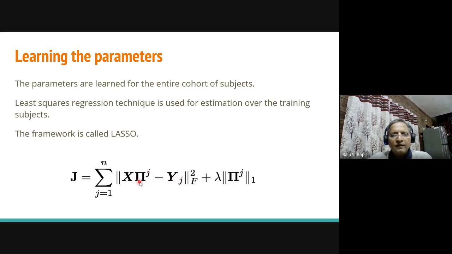The squared difference is minimized over the training set, where j indexes the subjects available to learn this model. There is also a regularization term to ensure sparsity of the model, to overcome overfitting and those kinds of issues. We used an L1 regularizer, that is, lasso regression, to estimate these parameters.